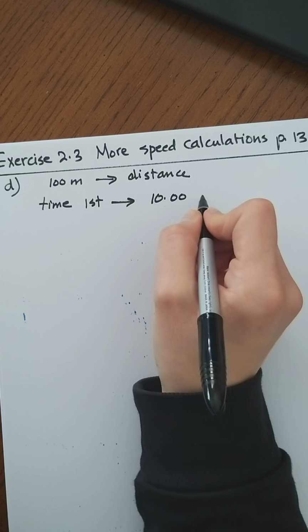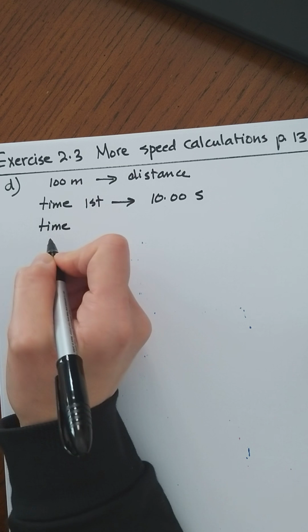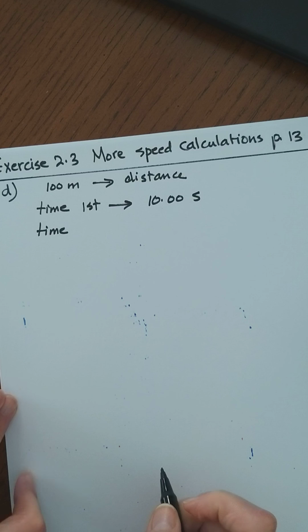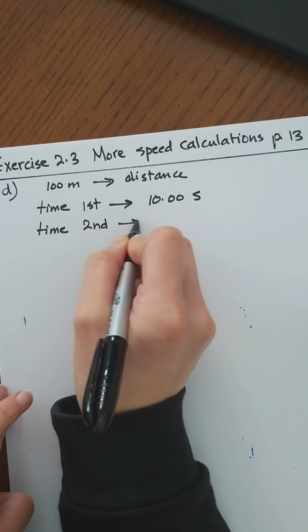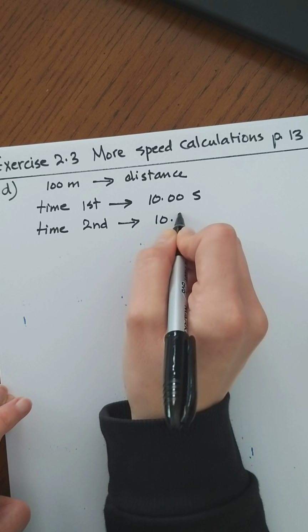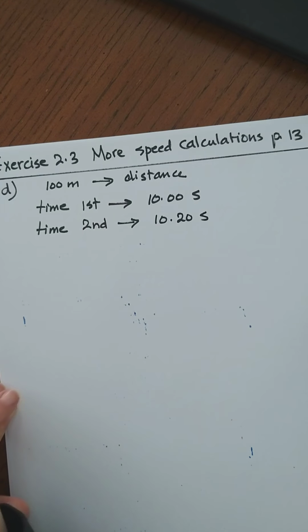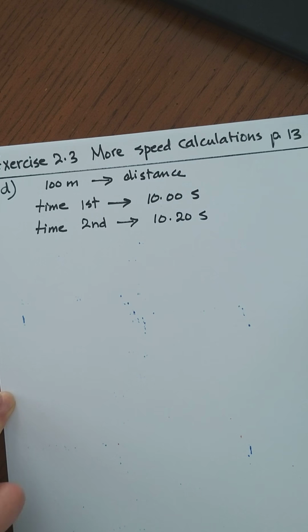Time to cross the 100 meters. And time for the runner-up. The runner-up is the runner or the racer who comes second. The time for the runner-up to cross the 100 meters was 10.20 seconds. Estimate the distance between the winner and the runner-up as the winner crosses the line. So, let's draw a simple sketch.